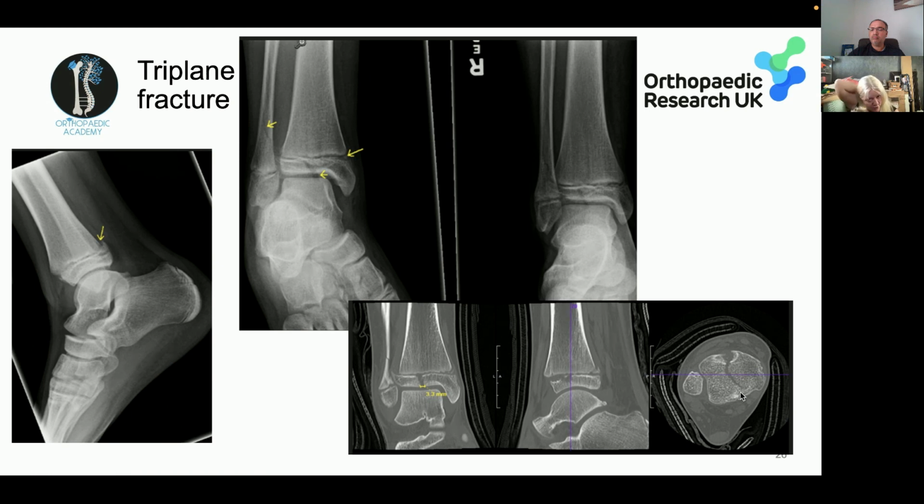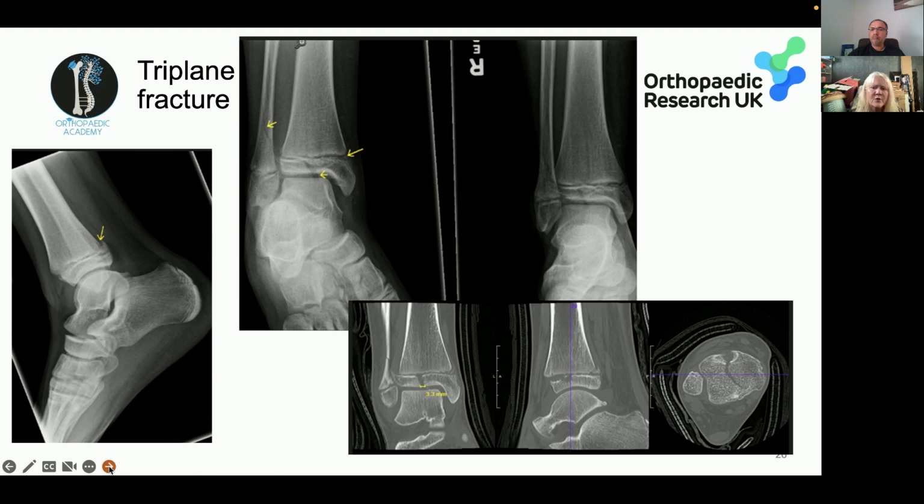So these usually, depending on what they're like, you usually need to reduce them. Usually because if you have a step or a gap in the joint surface, you want to try and correct that. So if it's only 1 or 2 millimeters, you may be able to get away with not operating, but otherwise we need to reduce that to preserve the articular surface.